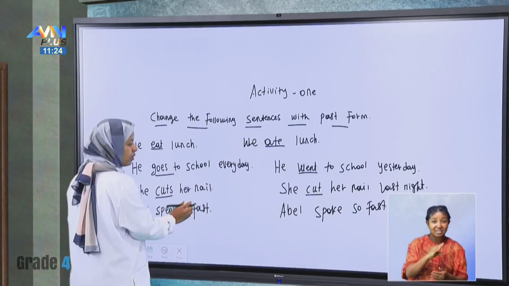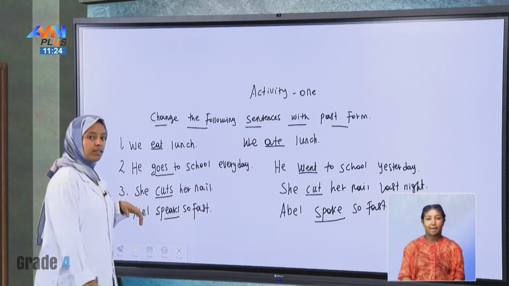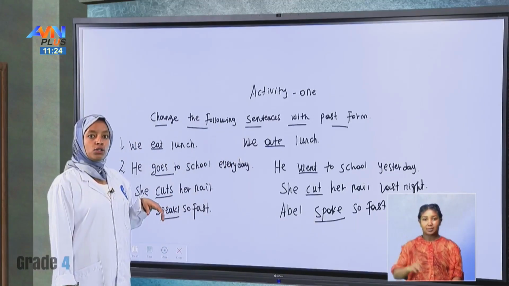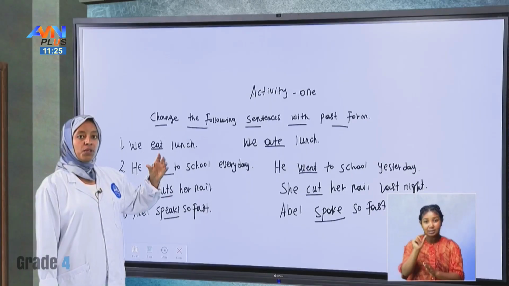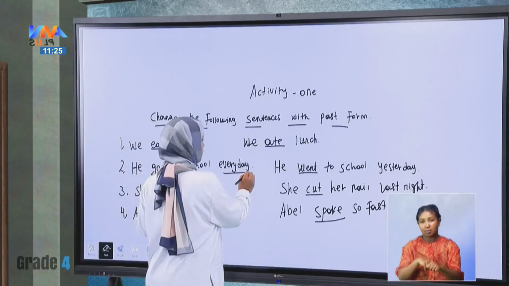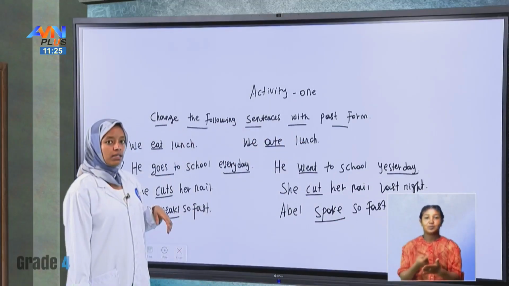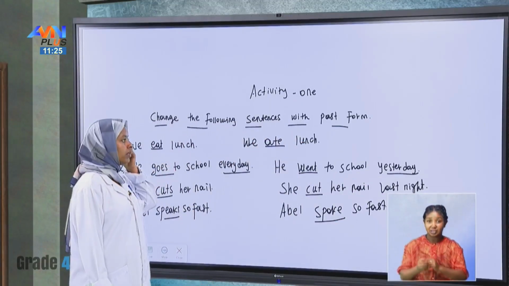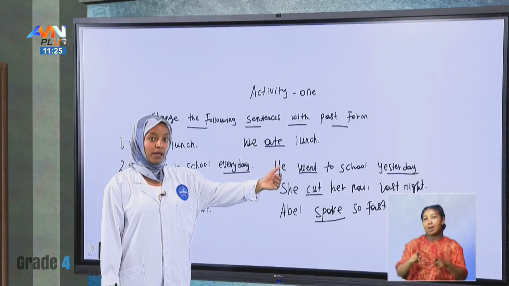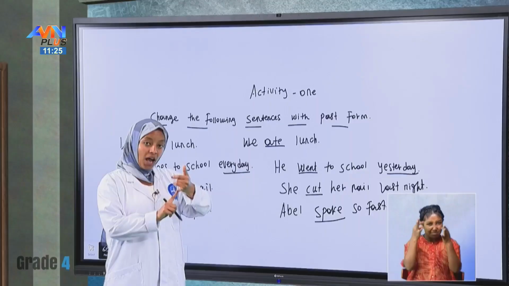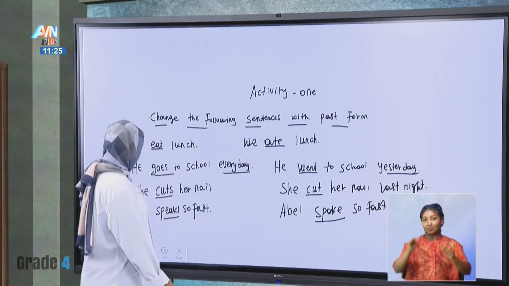Abel speaks so fast. And we use spoke. We use what? Spoke. And also sometimes we are using some specific times, like here is every day, we are using yesterday. So this is how we are changing simple present tense easily to simple past tense by using specific time and also the verb too. Bravo, students.